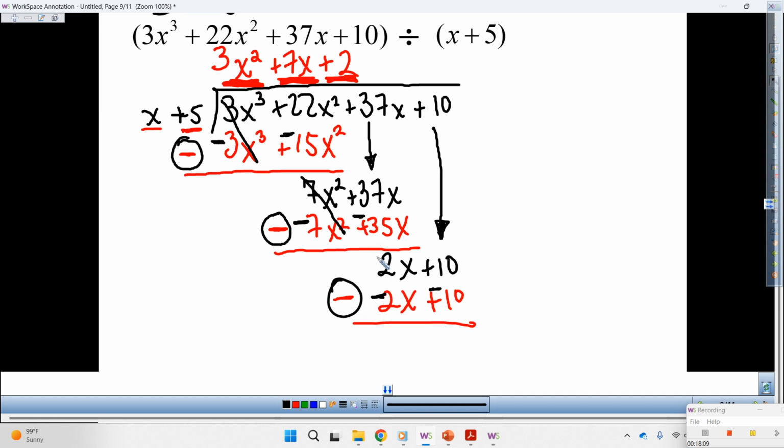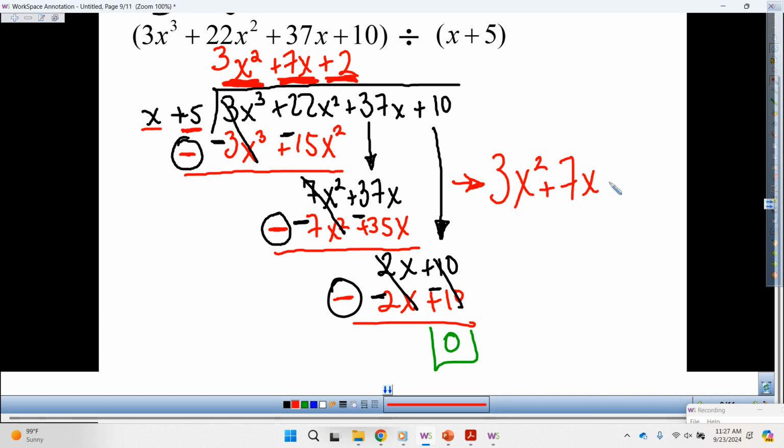What is 2x minus 2x? 0. 10 minus 10, 0. And our remainder is 0. Answer? What would be the answer to this whole division? The answer is 3x squared plus 7x plus 2.